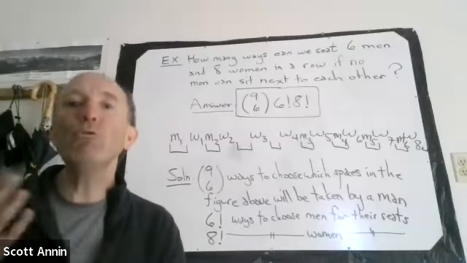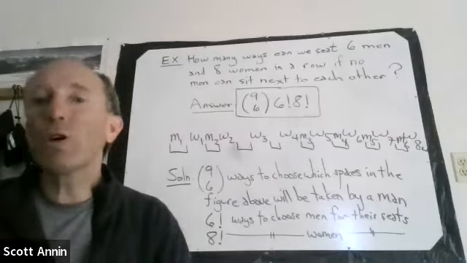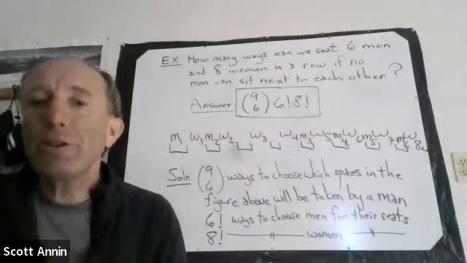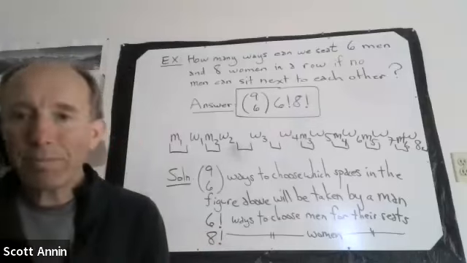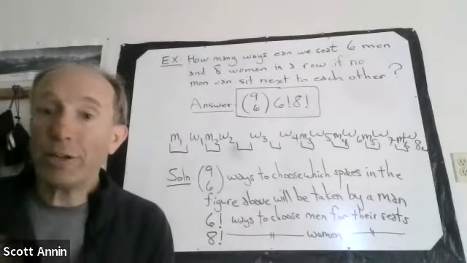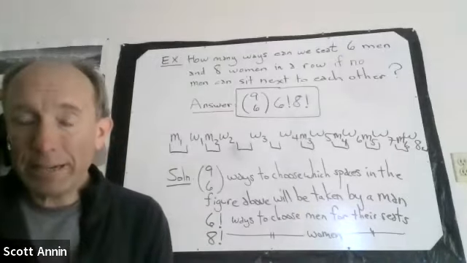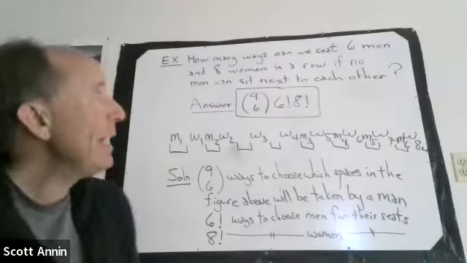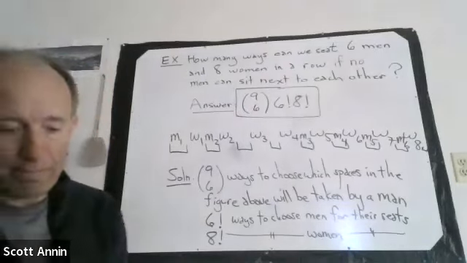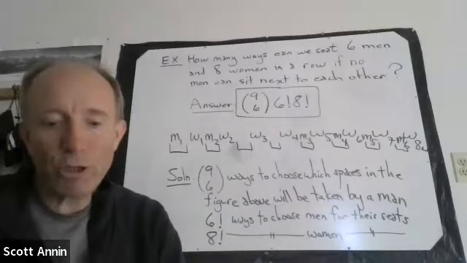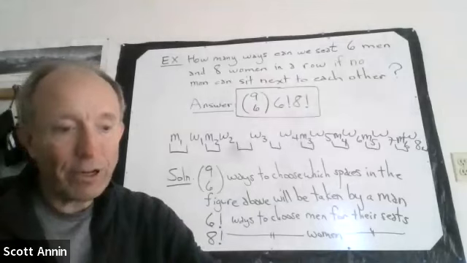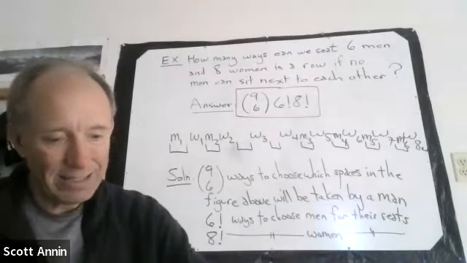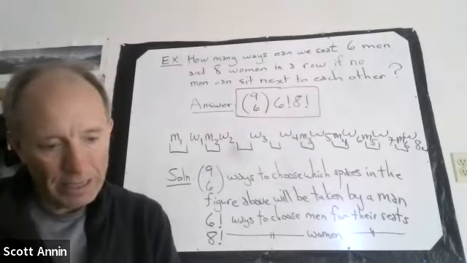We just have to choose in an unordered way which 6 chairs the men are going to sit in, or equivalently, which 8 chairs the women are going to sit in. So anyhow, that is a slightly more tricky kind of problem, but certainly very doable. Okay, great.